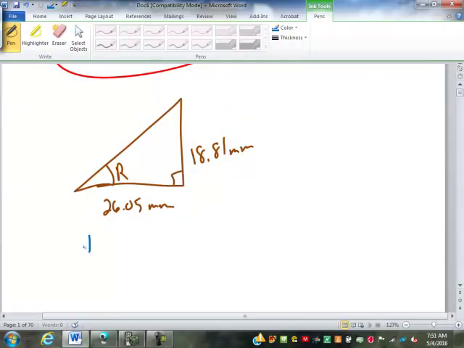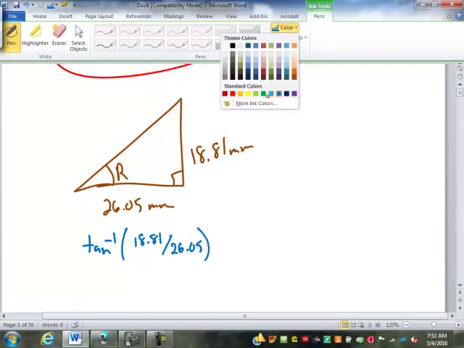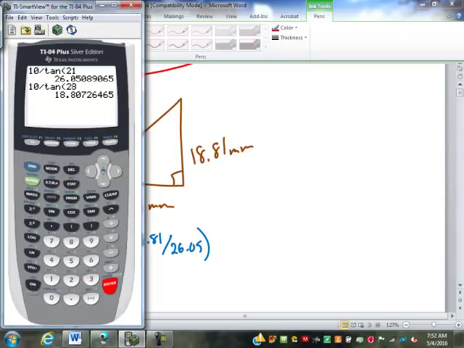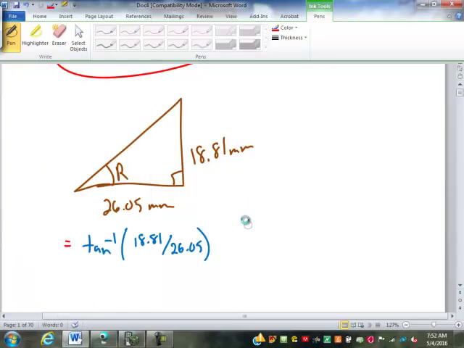So R here is going to be the inverse tangent of 18.81 divided by 26.05. So 35.83 degrees.